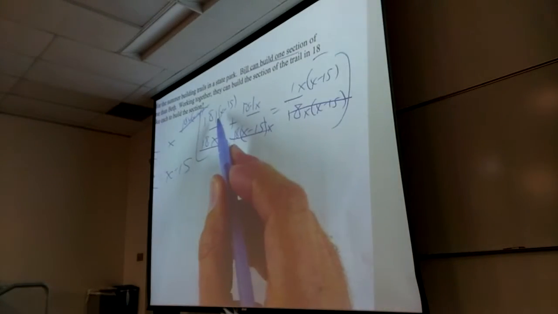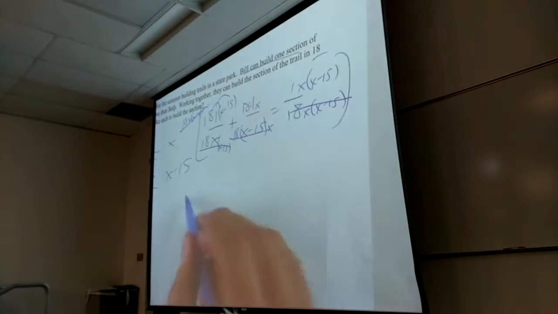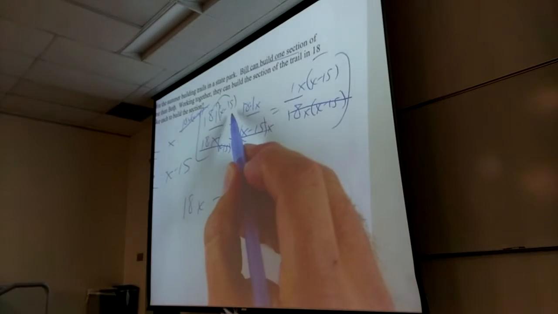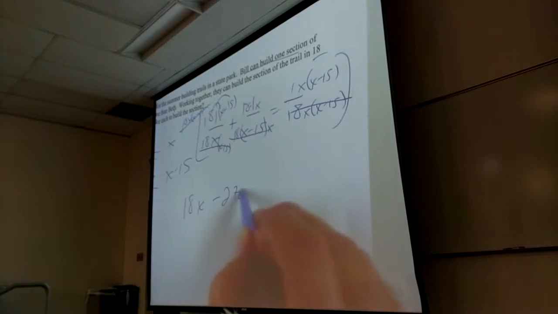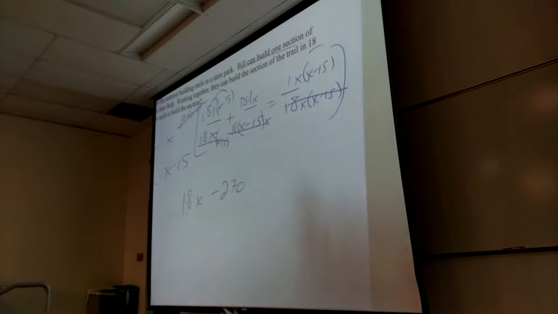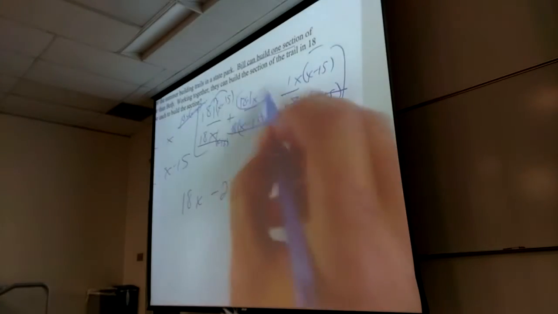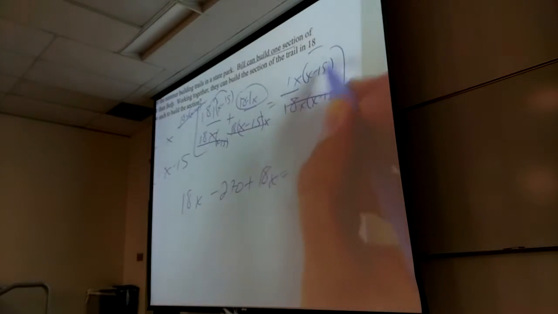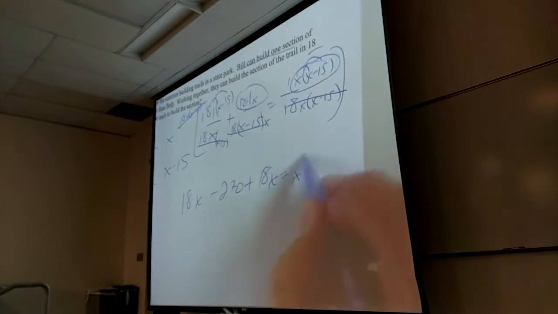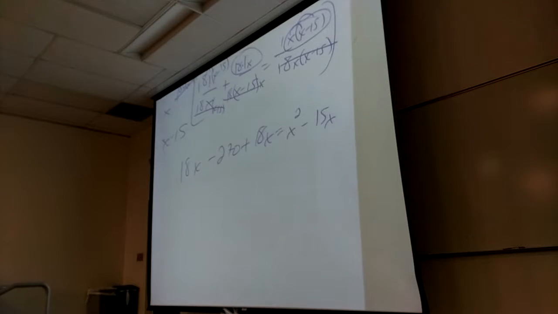What do I have up here? 18x. 270 plus 18x equals x squared minus 15x. All right, keep going.